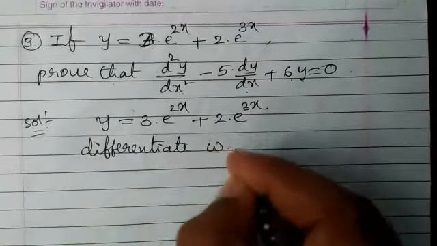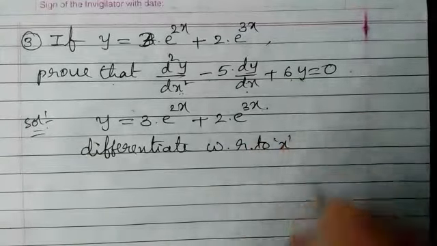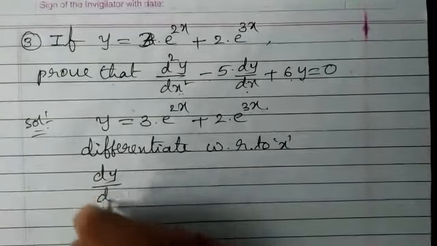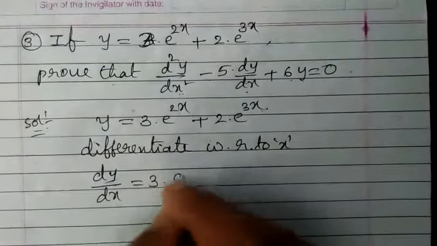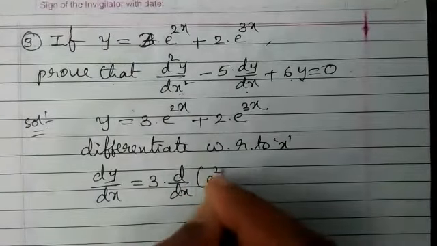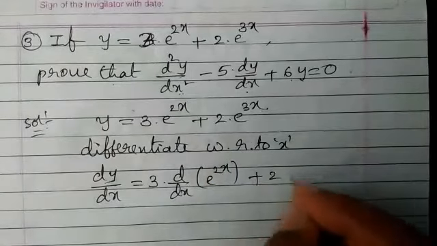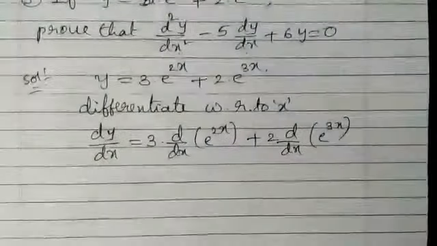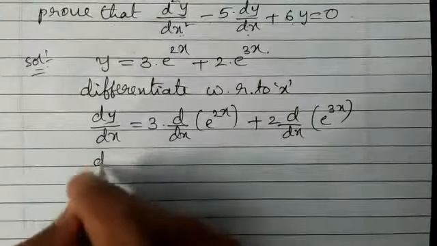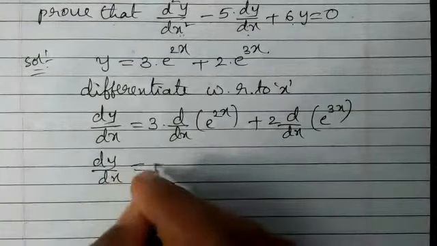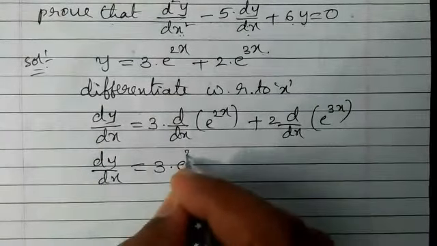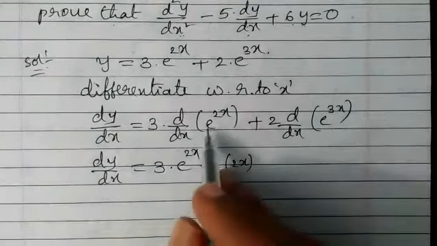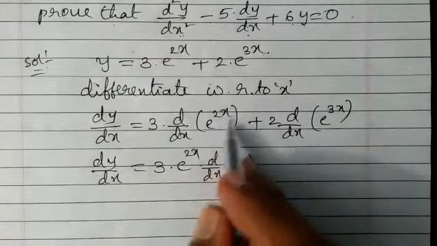Differentiate with respect to x. dy by dx is equal to 3 into d by dx of e power 2x plus 2 into d by dx of e power 3x. What do you get? dy by dx is equal to 3 into e power 2x, but d by dx of 2x is there, because e power x means e power x only, but the power is not x, it is something else.